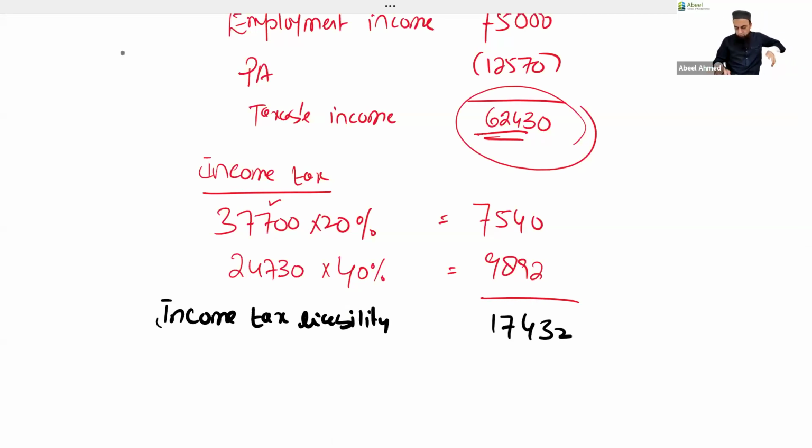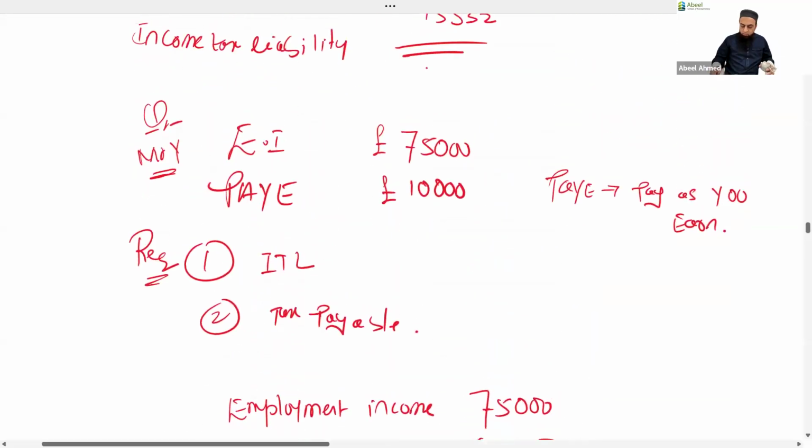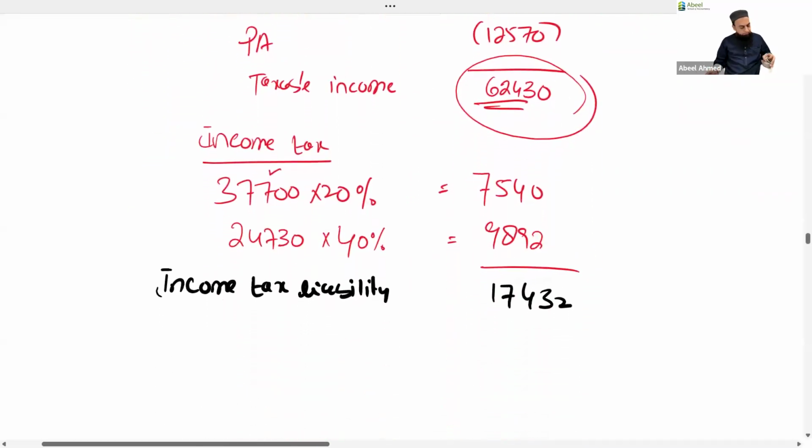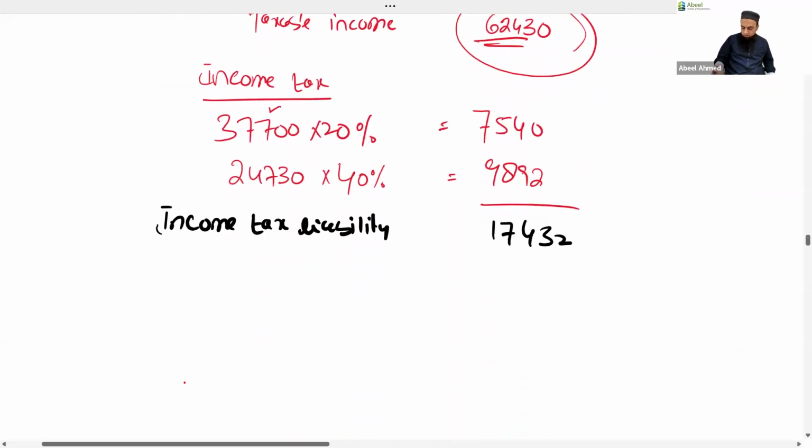But in this question, the examiner has given us PAYE as well. PAYE means pay as you earn. This is the income tax which Mr. Y has already paid. If someone is having income tax liability of 17,432 but already paid 10,000, how much is still needed to pay?